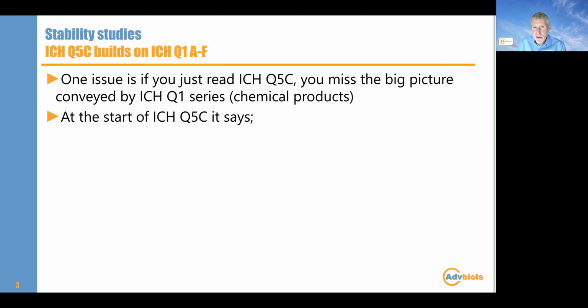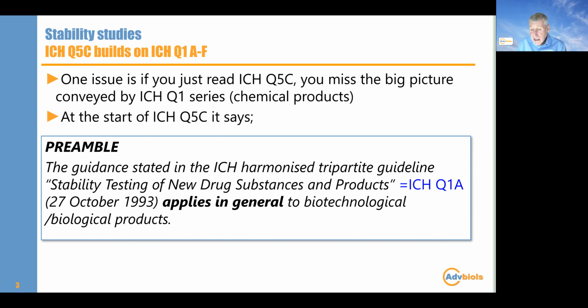And going back and looking at Q5C, I could see how you could miss out this first key issue if you had thought that because Q1A is written for small molecules, it's not relevant to read. And indeed, in the preamble for Q5C, it does say that the guidance Q1A applies in general.